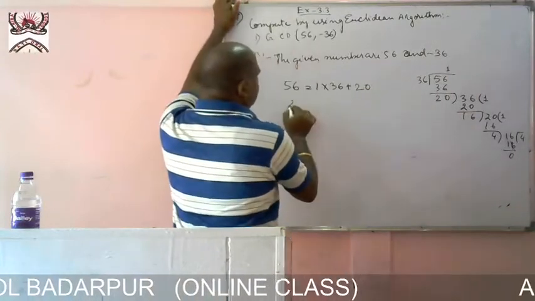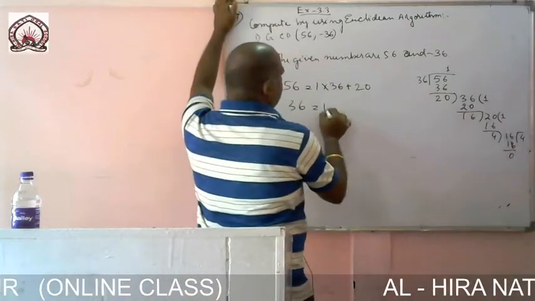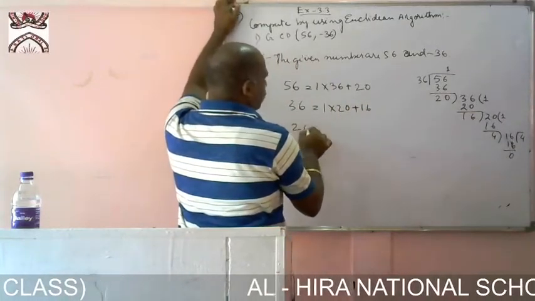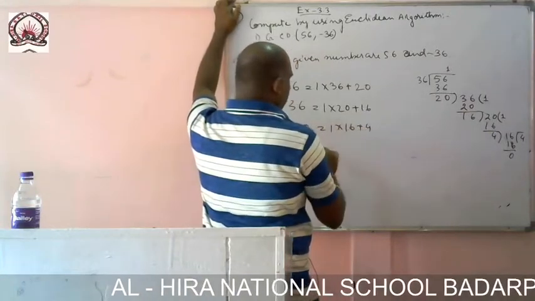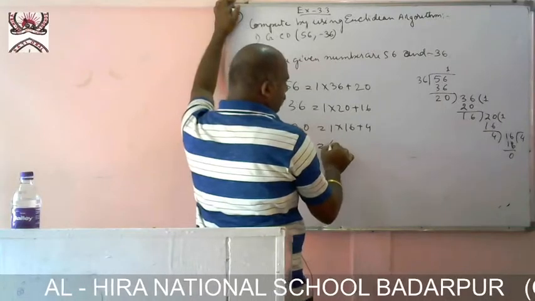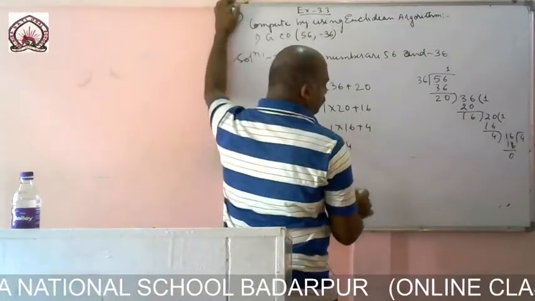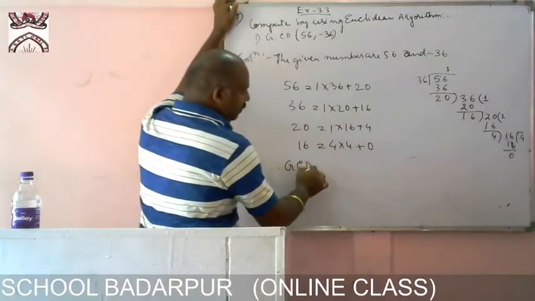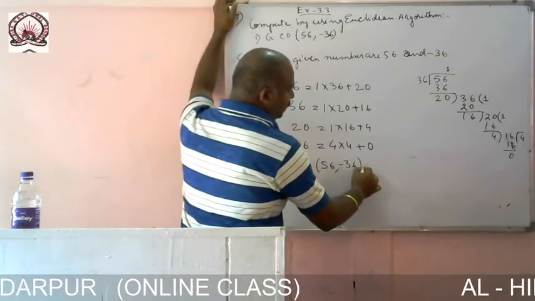Now 36 is equal to 1 into 20 plus 16. Now next, 20 equals 1 into 16 plus 4. Now 16 is nothing but 4 into 4 plus 0. Now therefore the GCD of 56 and minus 36 is equal to 4.